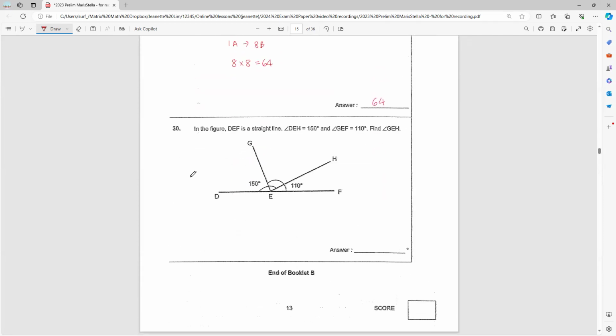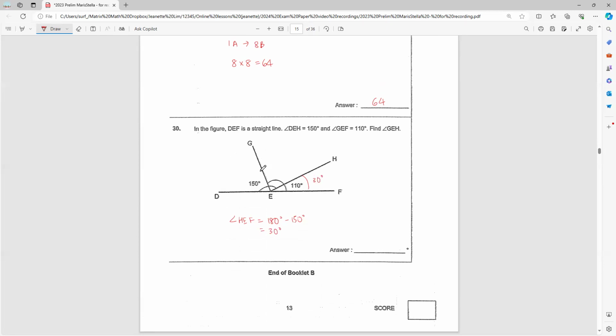Last question. So you have a straight line, you have 150, 110 degrees. Find GEH. Okay, so first find HEF. Here, this is 180 minus 150, which is 30.